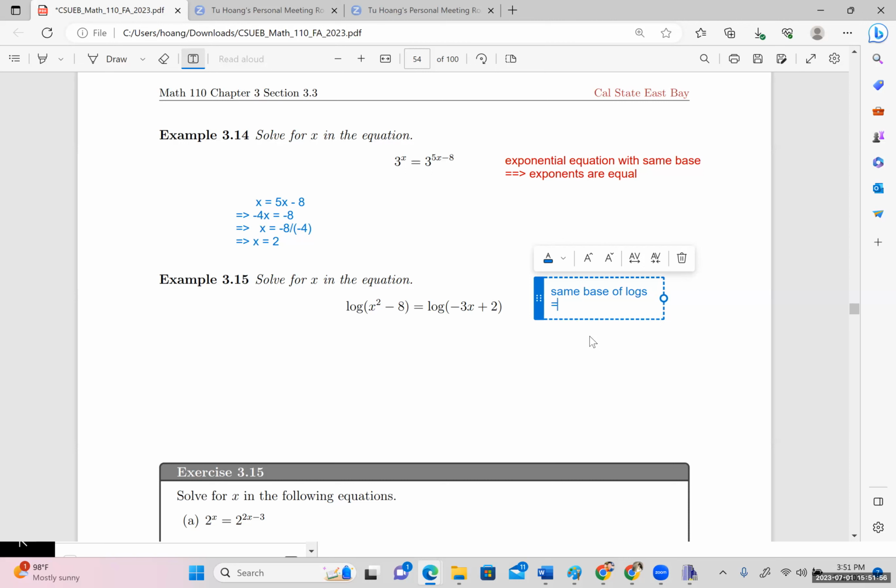That means the inside, the inside of parentheses or the argument as I usually say, are equal.